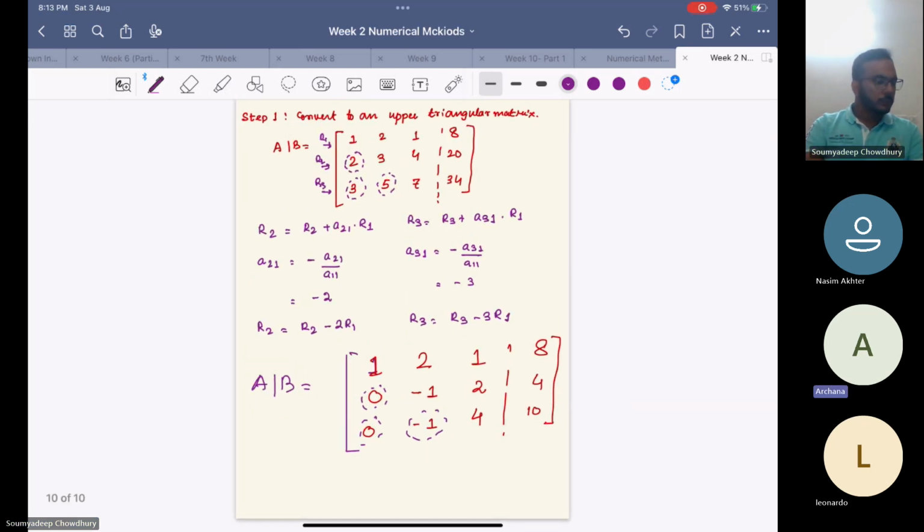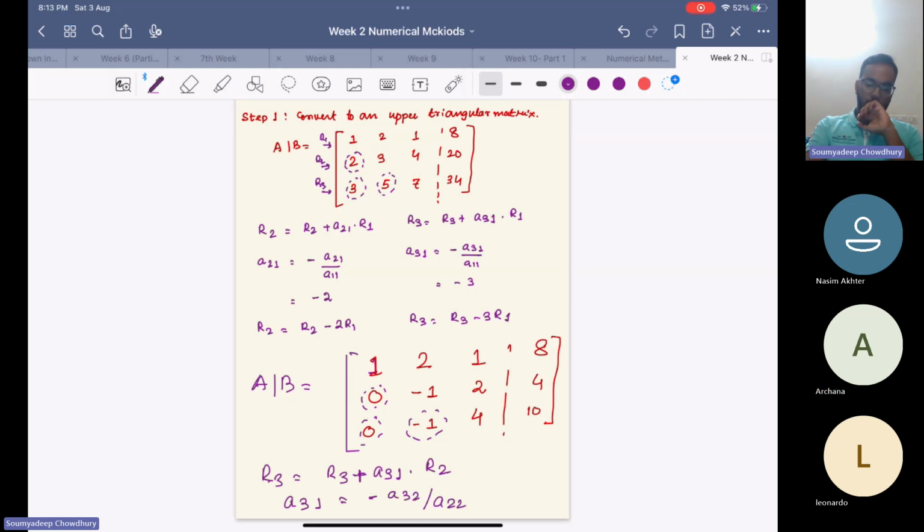So R3 we replace by R3 plus A32 into R2, where the coefficient is minus A32 by A22. Clear?